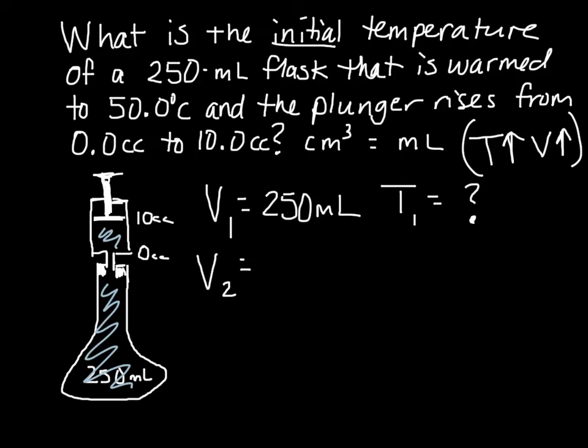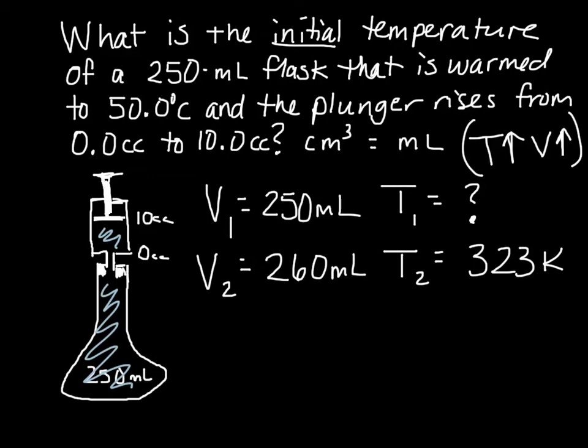So we're going to say our second volume is 260 milliliters. And our second temperature, they said it was warmed to 50 degrees Celsius. By now you should have lots of practice converting to Kelvin, so we're just going to say that's 323 Kelvin.